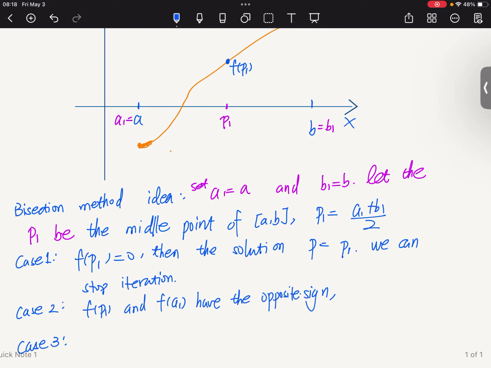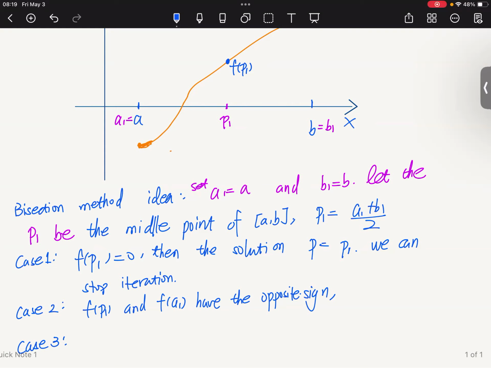And if you take a look at this picture, actually this middle point has the opposite sign to the FA1, and you can see this. If this one has the opposite sign of this one, then the solution P is actually in this interval A1 and P1.